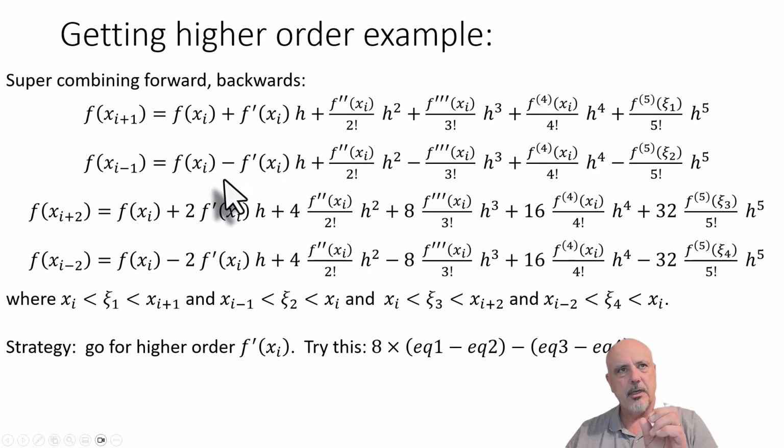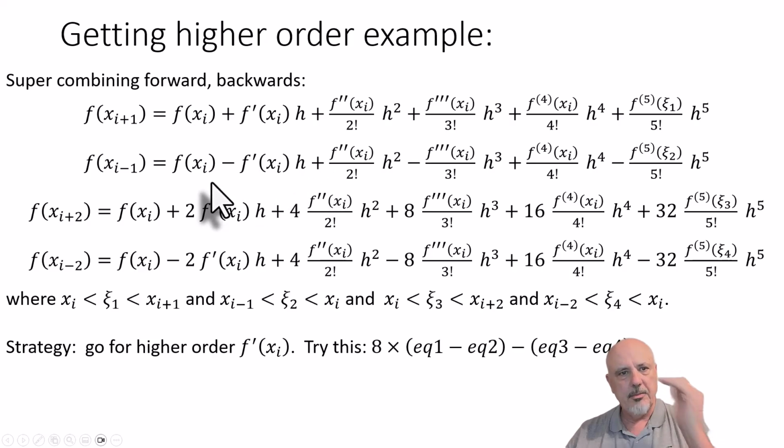If it's a backward step, the odd derivatives get a minus sign. The even derivatives always have a plus. So forward step, everything's plus. Backward step, you have alternating minuses on the odd derivatives and odd powers of h.